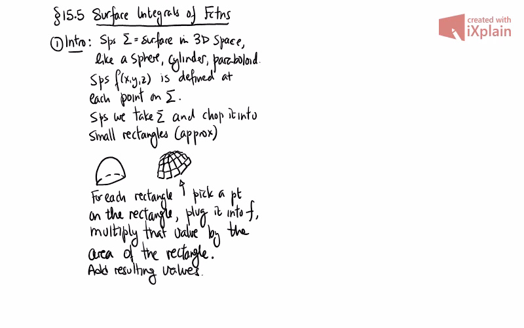Abstractly, we take the sum over all rectangles of the quantity f at a point in the rectangle multiplied by the area of the rectangle.